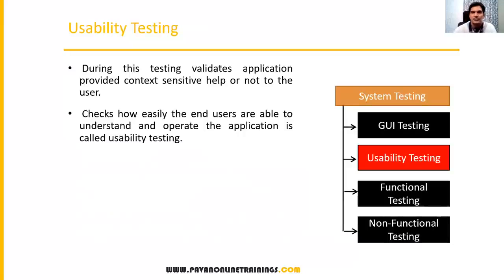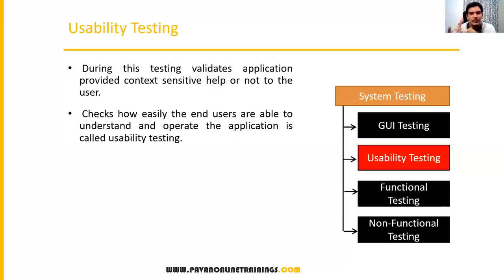Especially in usability testing, what you will focus on is help documents. In every application or software, you may see a help menu at the corner. Why are we providing that help menu? Suppose the user is stuck somewhere or not able to do something, he can refer to the help menu, type the question, get the answer, and then do the action.